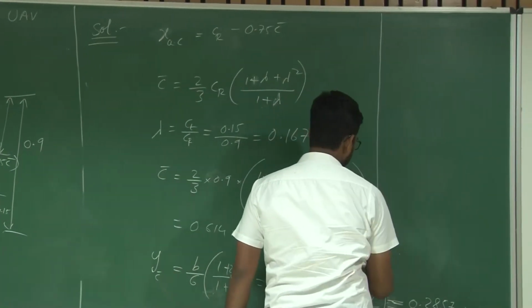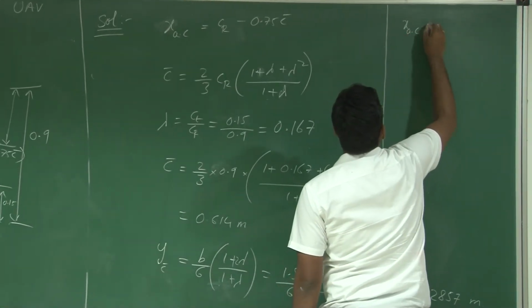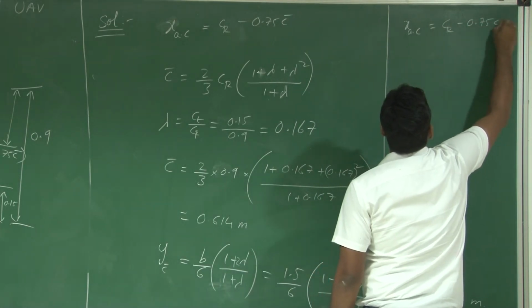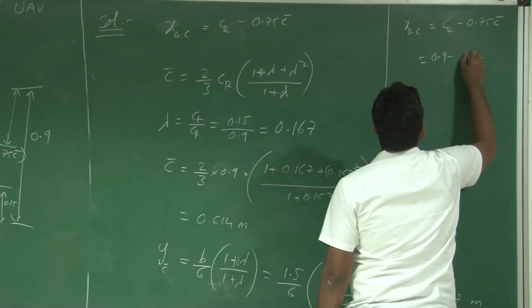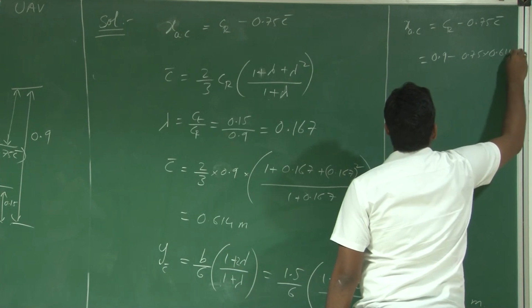Location of this aerodynamic center, XAC, is equal to CR minus 0.75 C bar, which is 0.9 minus 0.75 into 0.614.